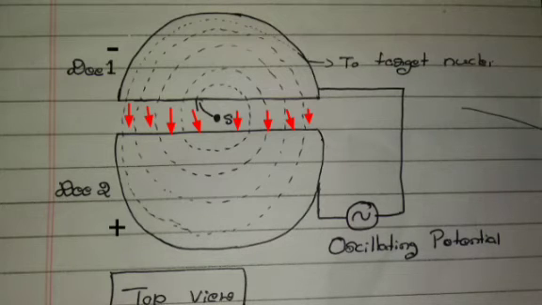So the particle in D1, when it reaches the gap, starts to accelerate in the downward direction and enters D2. In D2 also, the entire D2 has constant potential, so the electric field is zero. Here also the magnetic field is perpendicular, so the particle gets a semicircle, and again goes to the gap.